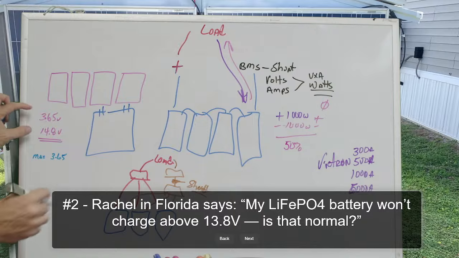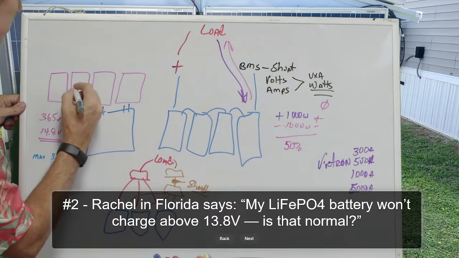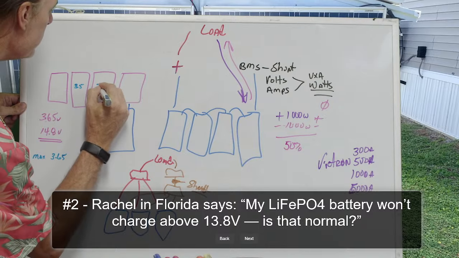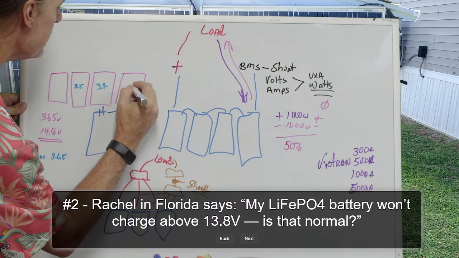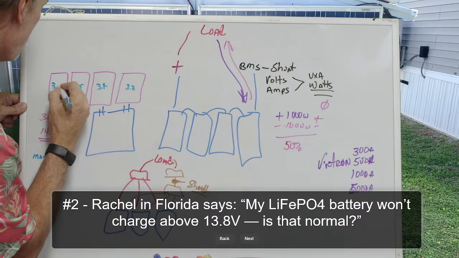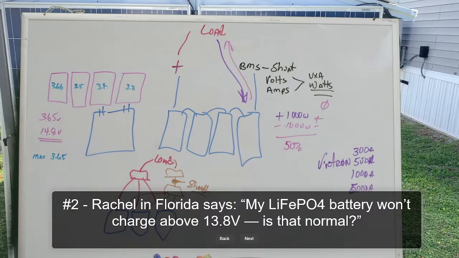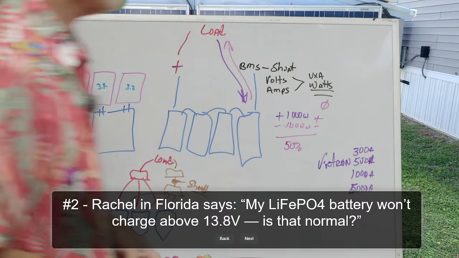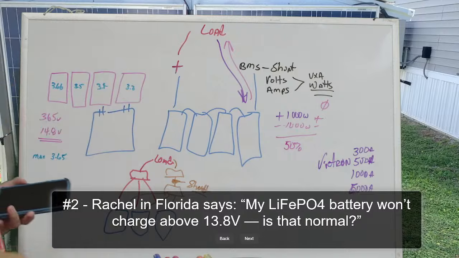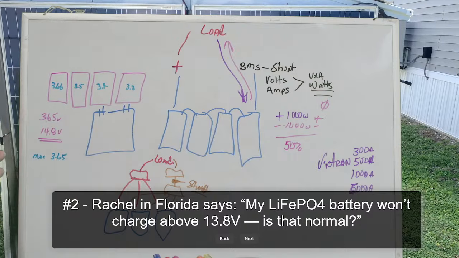And that means that if any one cell, let's say this cell here is 3.5 and this one is 3.4 and this one is 3.3 and this one hits 3.66, what is going to happen is that this BMS is going to stop charging this battery.